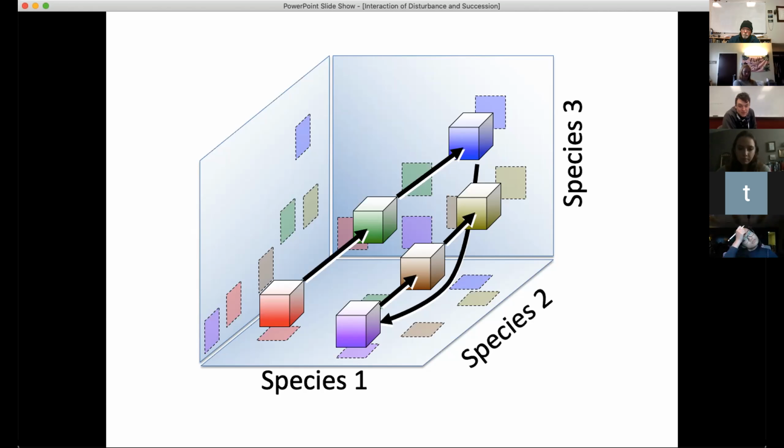And then you have a very different community in terms of composition. So it gets really complicated, and it's easy to imagine how big these interactions can become. Yeah, in primary succession, this disturbance would have knocked you out of this cube into another cube with species 4, 5, and 6, for example. Yeah, that's good.